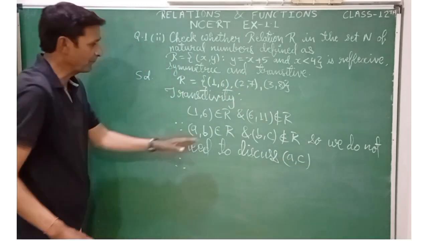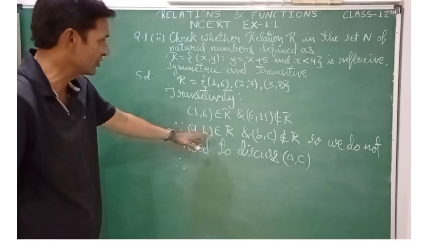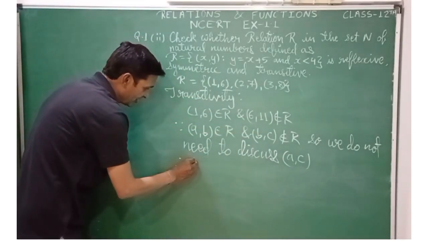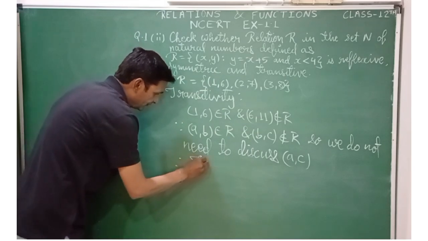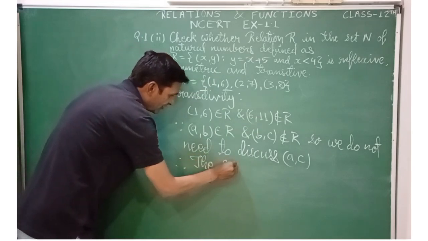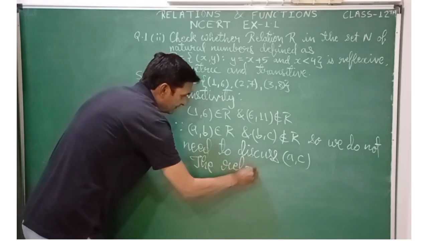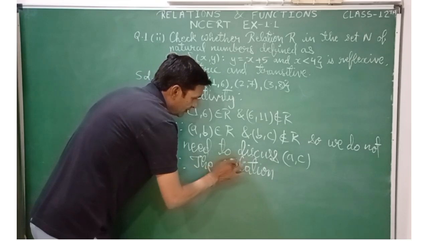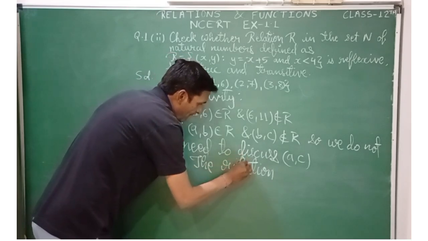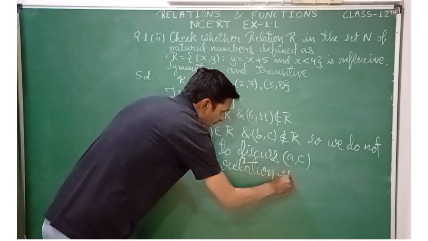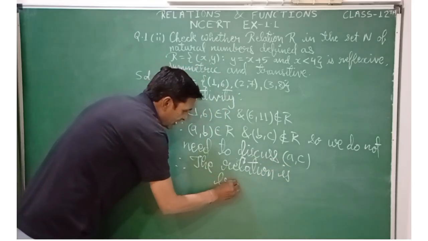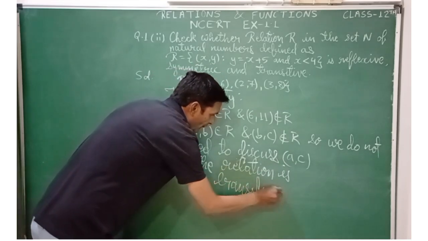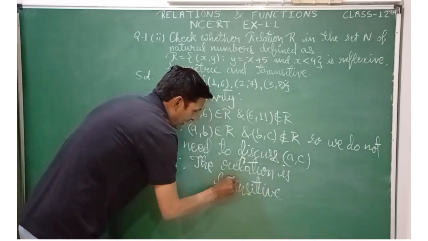Therefore, because the primary condition of transitivity is not followed by our relation, we can say that the relation is transitive here. See, it is a very minor point which we have to check properly.